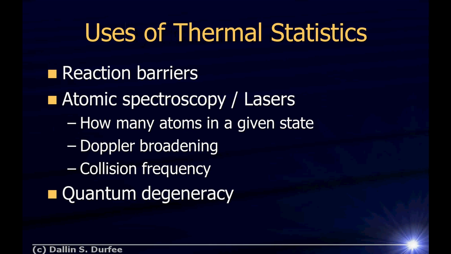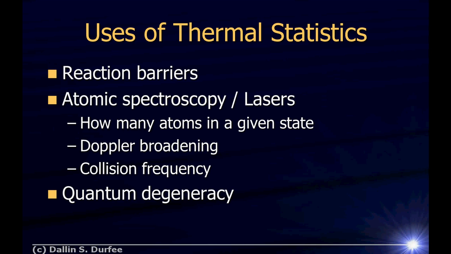Now, thermal statistics turns out is really important. It's kind of abstract, but it shows up all over the place. For example, if you're a chemist doing a chemical reaction in a gas phase, maybe there's a reaction barrier. Maybe the molecules repel each other, and only if they get close enough to each other can they overcome this repulsion, actually bond together and do a chemical reaction.